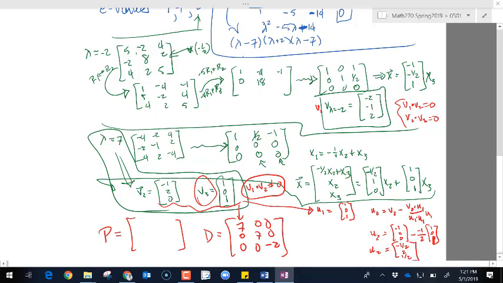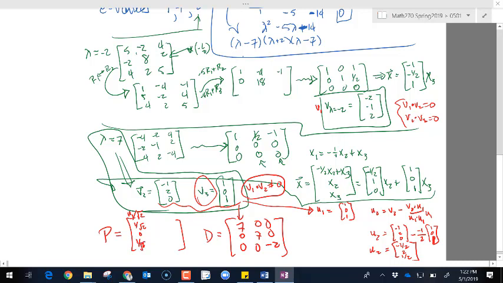Wow. And now we just need to normalize all those and we have our matrix. So normalize U1 divided by the length, which is root 2. So that's 1 over root 2, 0, 1 over root 2.